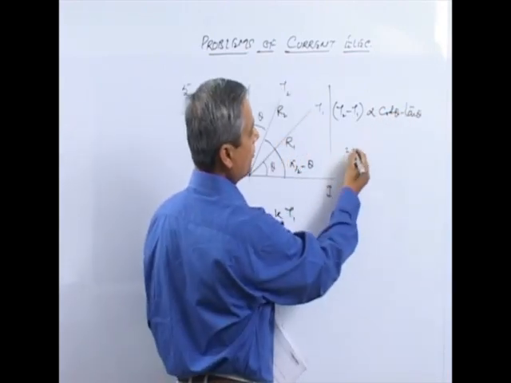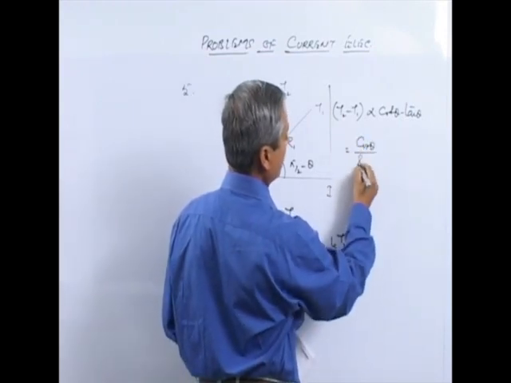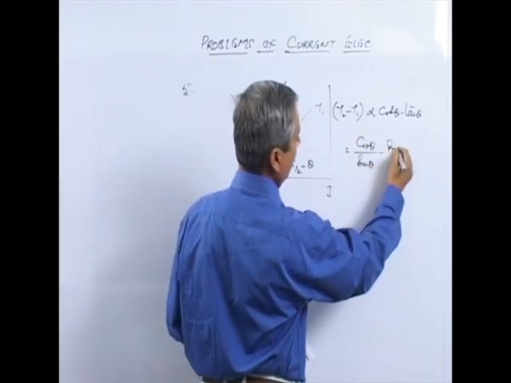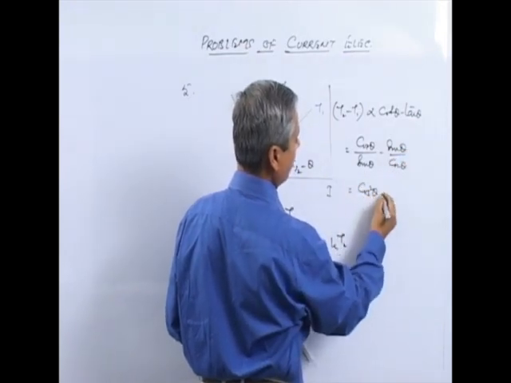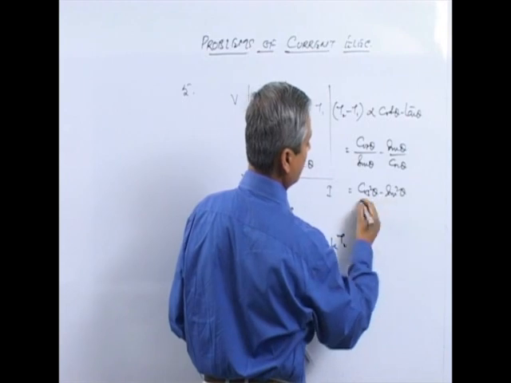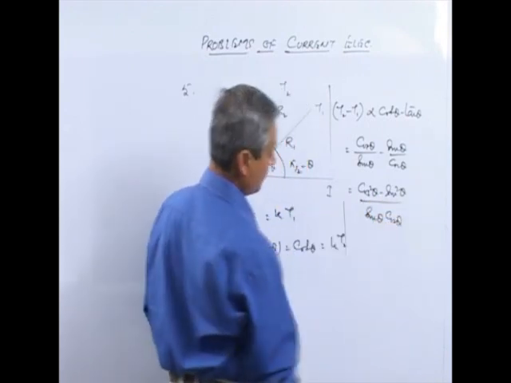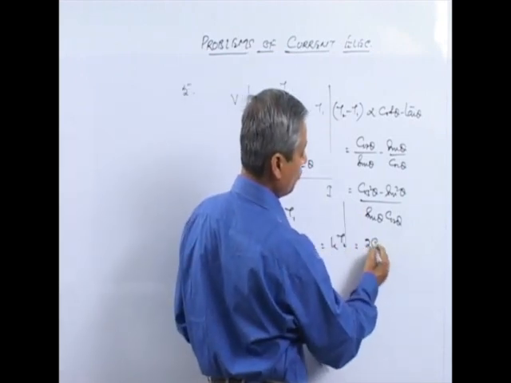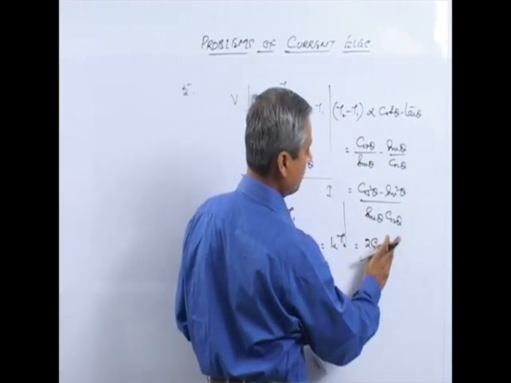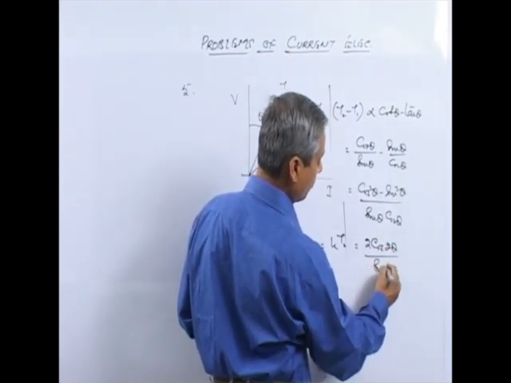Now let us solve this proportionality. Cot theta minus tan theta is cos theta upon sin theta minus sin theta upon cos theta. That will make it cos square theta minus sin square theta divided by sin theta into cos theta, and then this will become 2 cos 2 theta divided by sin 2 theta.